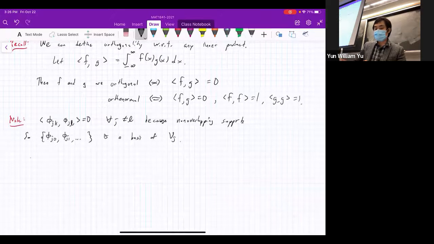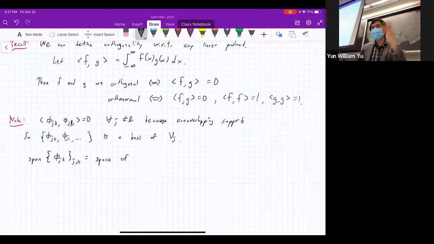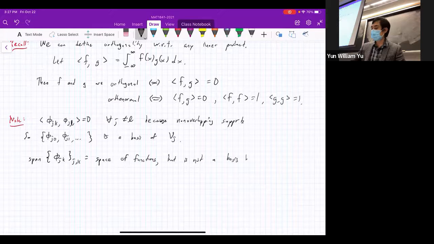The other thing you'll notice is that the span of phi_jk over all j and k is equal to the space of functions up to some approximation error. It spans the space of functions, but it is not a basis because of linear independence. And here we mean a Schauder basis, which means that it's countable.